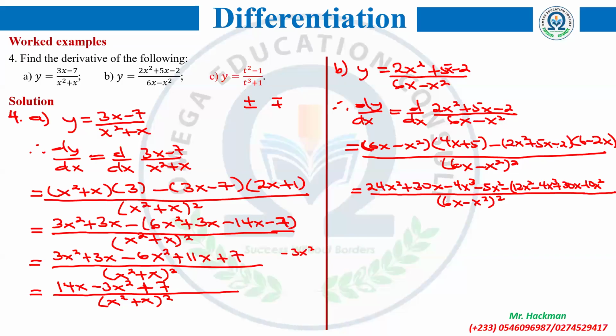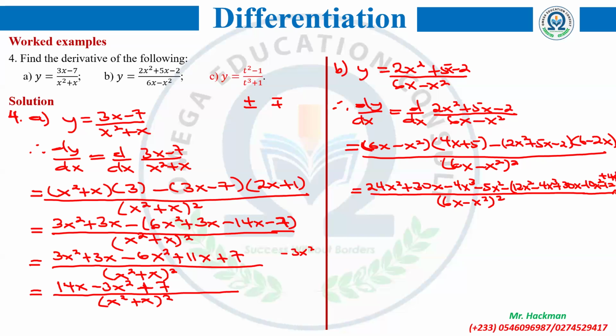Then the next one will be minus 2 multiplying all the terms here. So I'm going to get minus 12, I'm going to put the result down, then plus 4x. Do you agree? Yes, please.